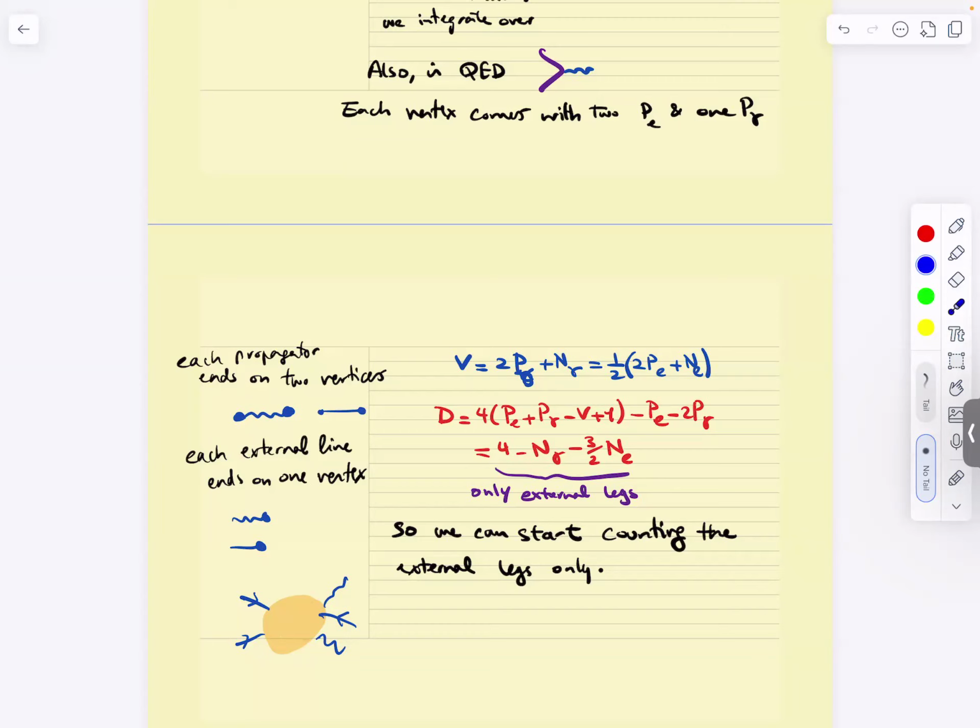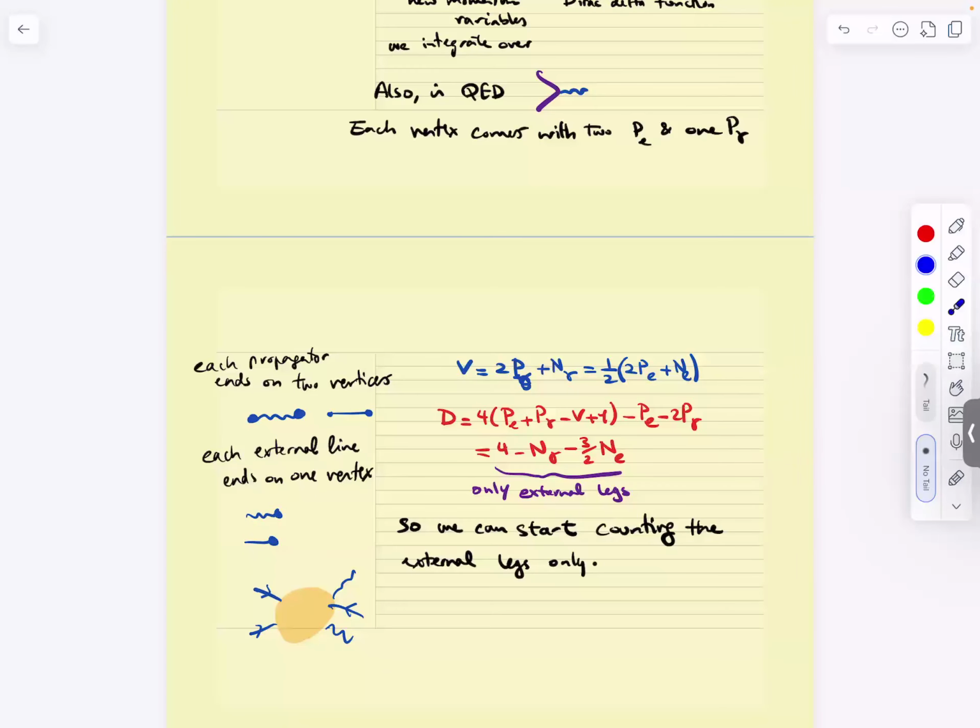This is specific to QED in D equals, sorry, I don't remember what it was called, space-time dimension or space dimension in QFT 1. But here I'm talking about space-time dimensions. In 3+1 dimensions, QED has this property.